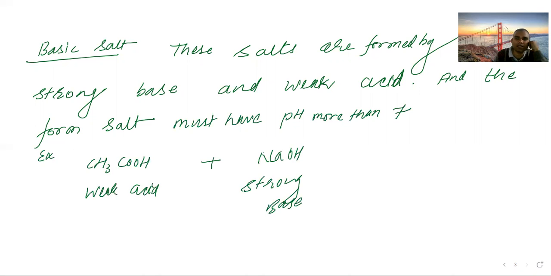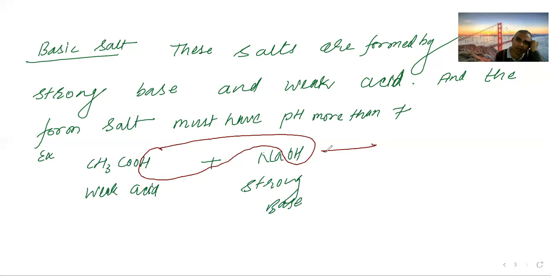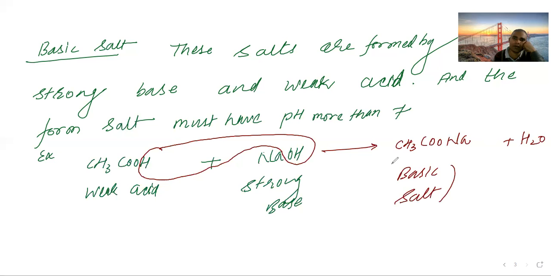The same method applies: water forms with H from the acid and OH from the base. So it will form the water molecule plus CH3COONa. This is known as a basic salt. Today we are going to calculate the pH.